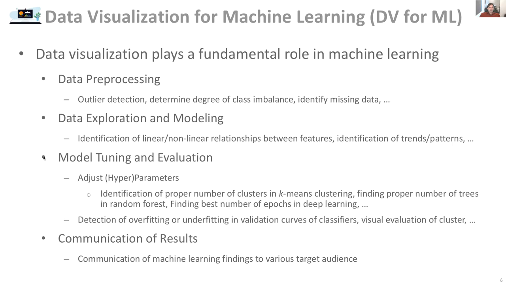Model tuning and evaluation. One of the primary difficulties in any machine learning approach is to make the model generalized so that it can perform well with the new data and not just the data it has already been trained on.